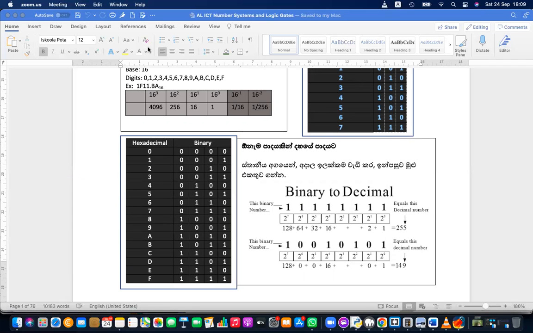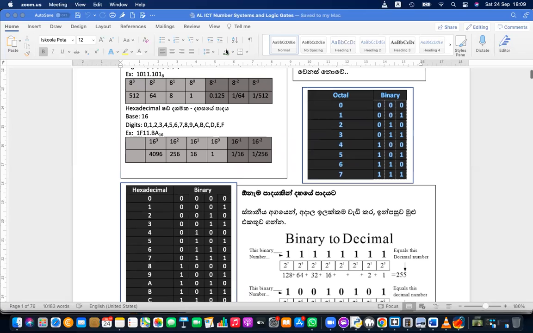So how does this go? Start with all zeros, then toggle one by one: 0, 1, 0, 1, 0, 1, 0, 1. Then in the next column, double it and toggle: 0, 0, 1, 1, 0, 0, 1, 1.